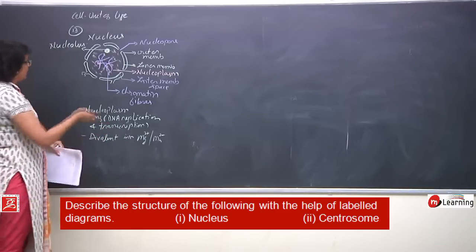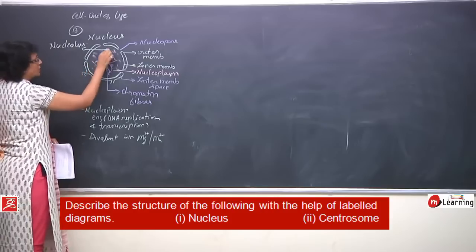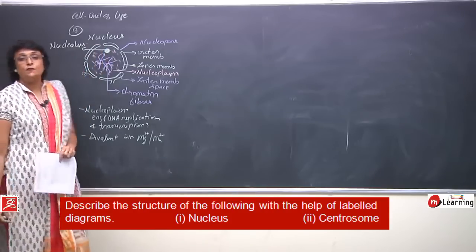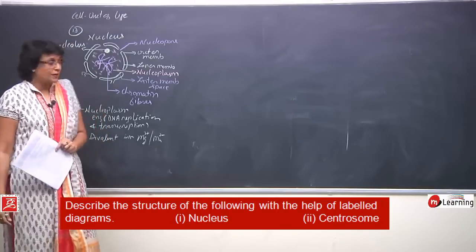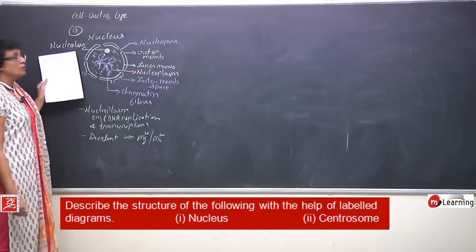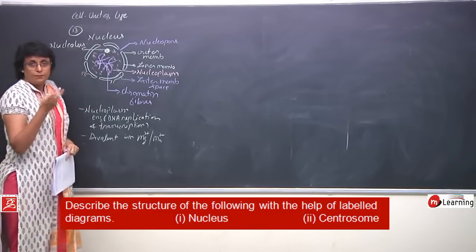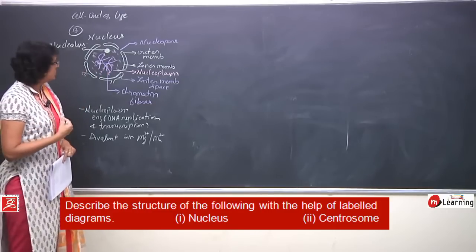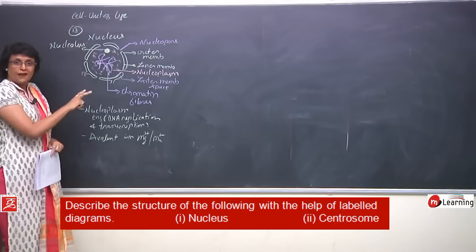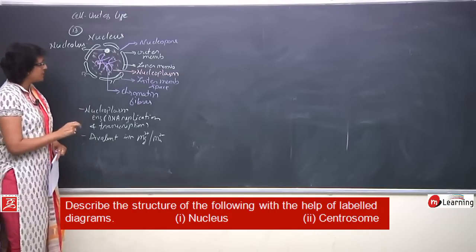Plus, the nucleolus is the site for ribosome synthesis. So this nucleolus is important. Chromatin is basically chromosome but thinned out, fiber-like structures; we do not see the chromosome structure.